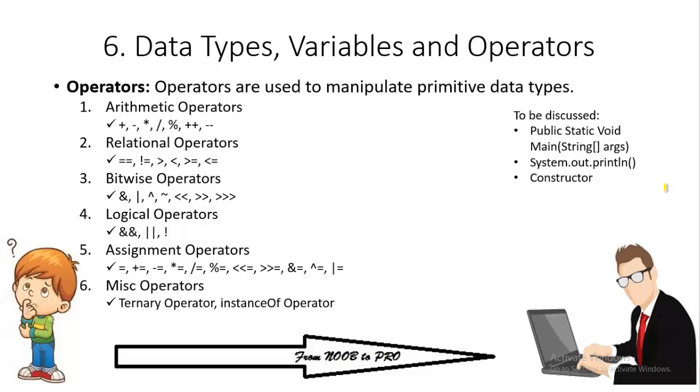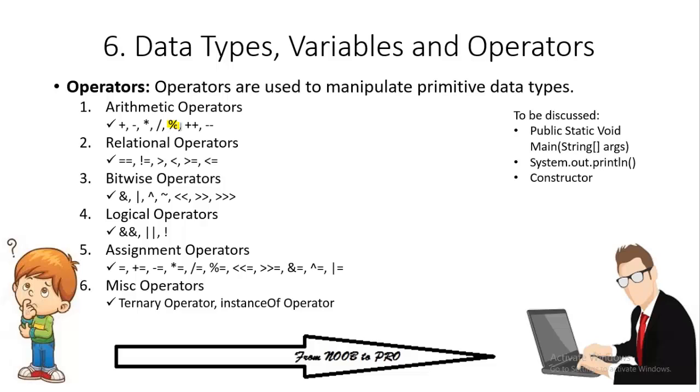First is arithmetic operators. These do not need much explaining. We all know the plus, minus, multiplication and division. Now what is this percentage sign that we have here? This is called modulus operator. It gives the remainder when a number is divided by another number. Like 5 divided by 2, we get 2 as the answer.